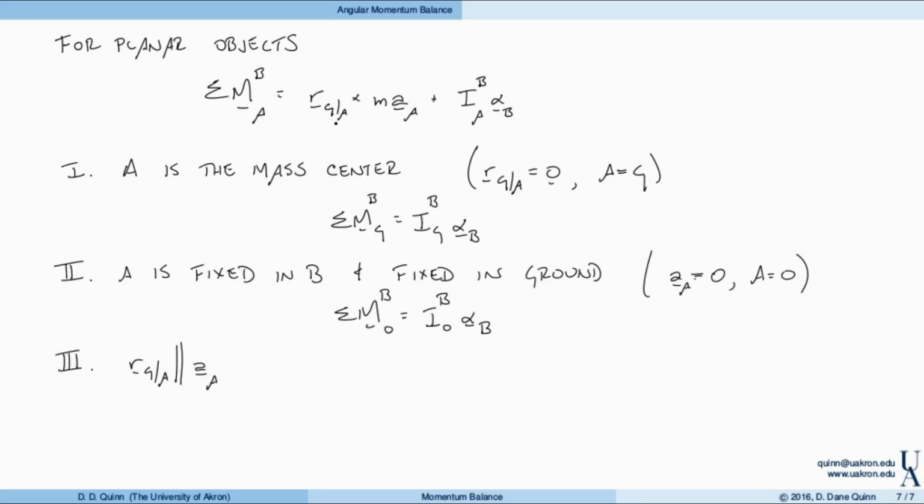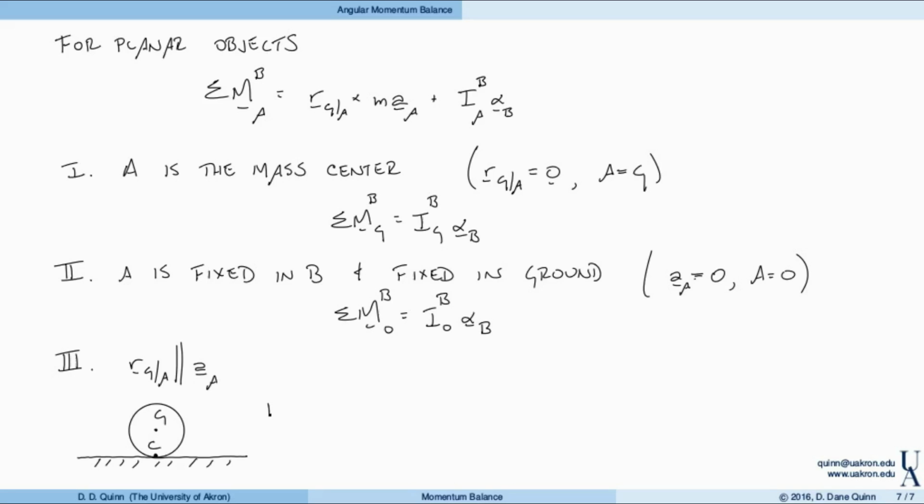As a result, we're taking the cross product of two parallel vectors. It happens naturally when we take a disk that is rolling without slip on the ground. So we have a uniform disk. Let's put the mass at the geometric center of the disk, and let's look at the contact point as point C.